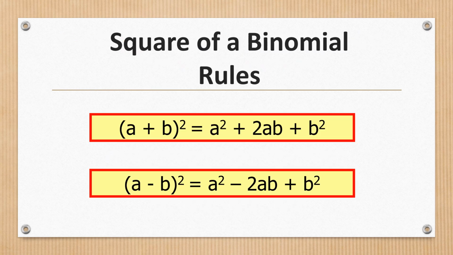Okay, so these are the rules. For a plus b squared, that's a squared plus 2ab plus b squared. A minus b squared is equal to a squared minus 2ab plus b squared. So please don't forget the square of binomial rules.